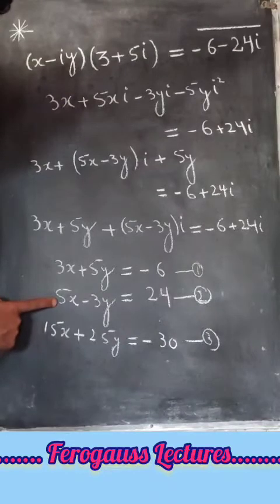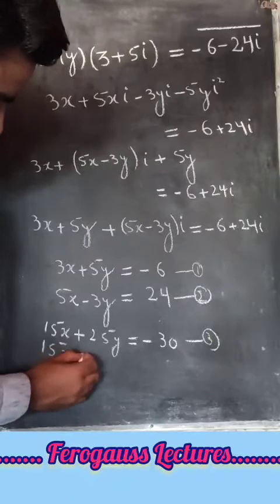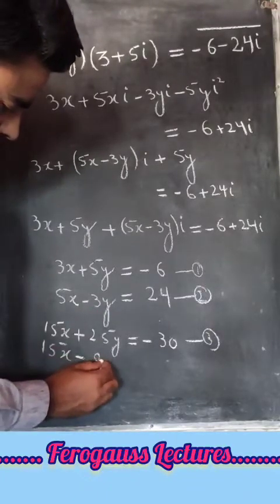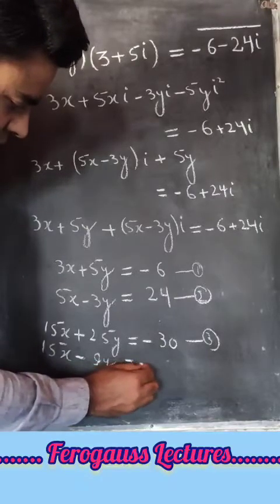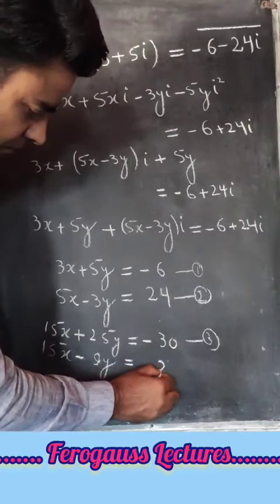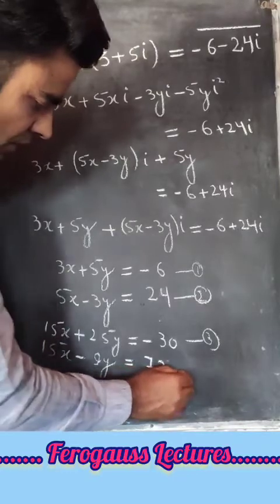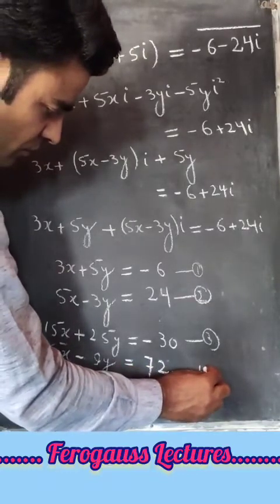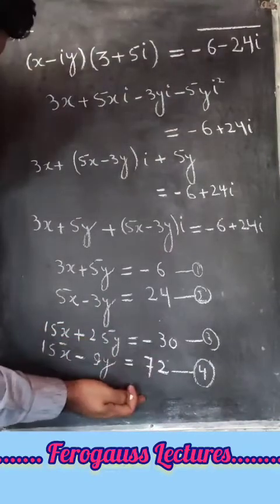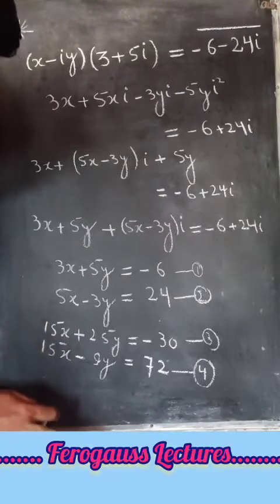Now we multiply equation second by 3, so we get 15x minus 9y is equal to, 3 fours are 12, 3 twos are 6 and 1 is 7, so it is 72. We name this equation as equation 4. Now subtracting equation 4 from equation 3rd, we get 15 minus 15, 0.